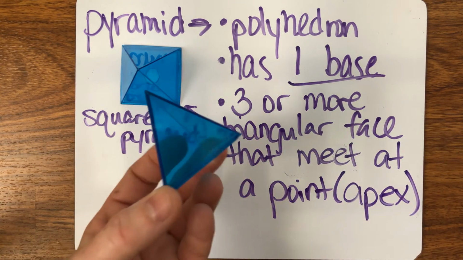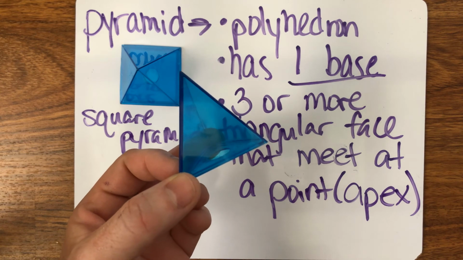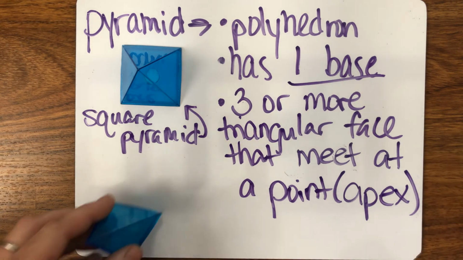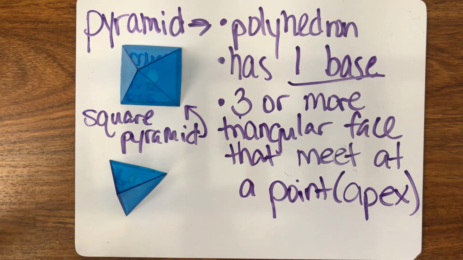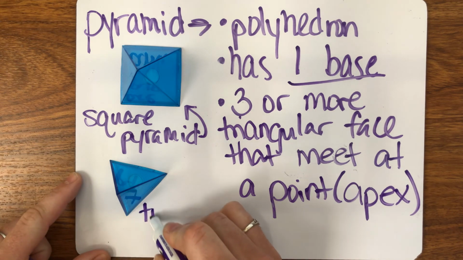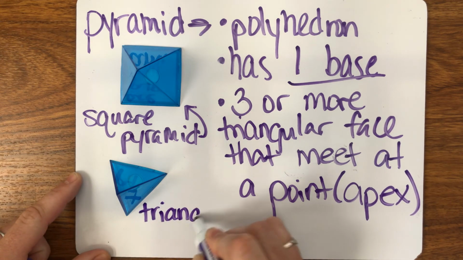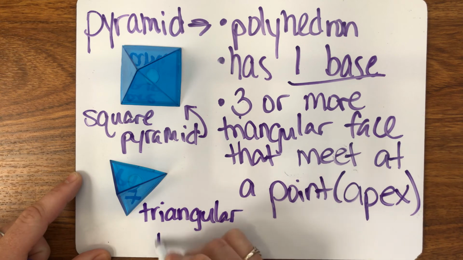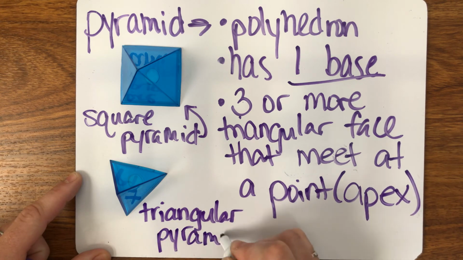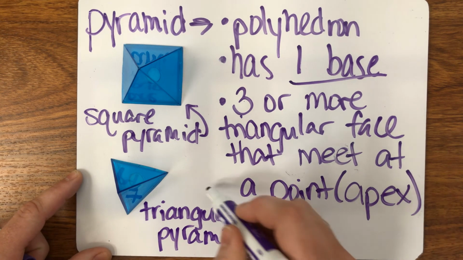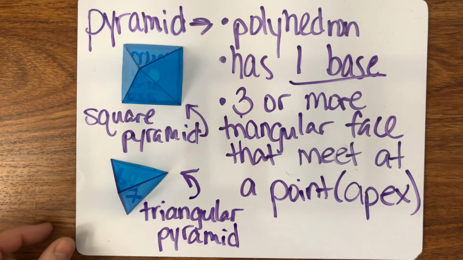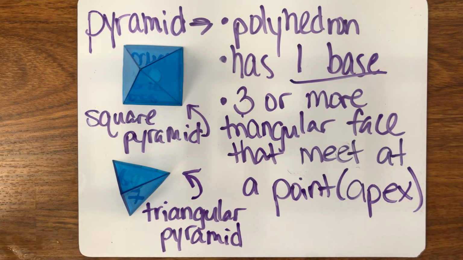So that one is a square pyramid. What do you think you would call this pyramid? Kind of fancy. This pyramid is called a triangular pyramid. So not a triangle pyramid, but a triangular pyramid. All right, so those are the two pyramids that we're going to learn about. Square pyramid has a square base.